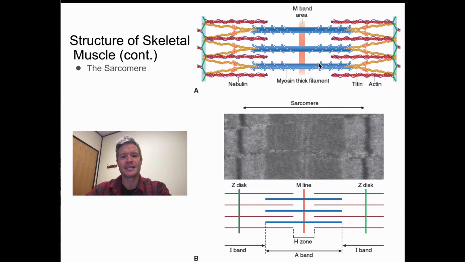And actin, which is the red component here, staggered on either side of the myosin. Actin is also called the thin filament. So we've got a thick myosin filament and a thin actin filament here. And again, these are strands of proteins.